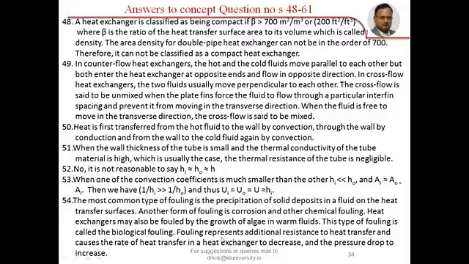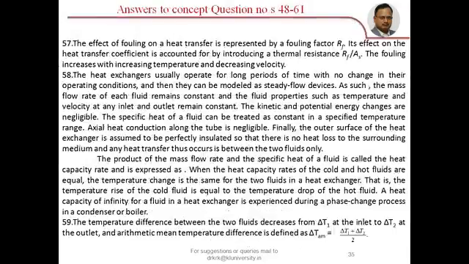It is nothing but an additional resistance to the heat transfer and causes the rate of heat transfer to decrease and pressure drop to increase, because the diameter reduces when fouling occurs. So it offers more resistance to flow. The effect of fouling is represented by a fouling factor RF.